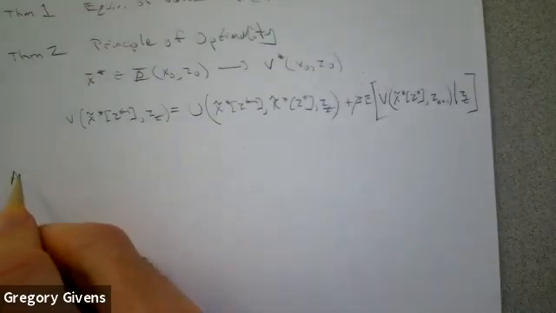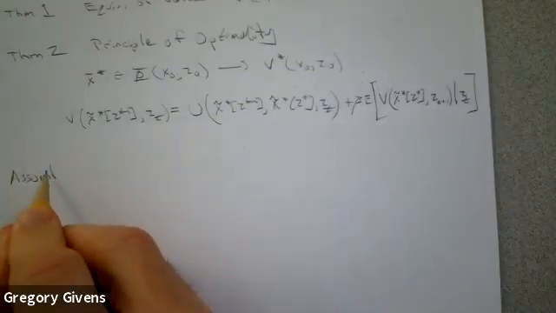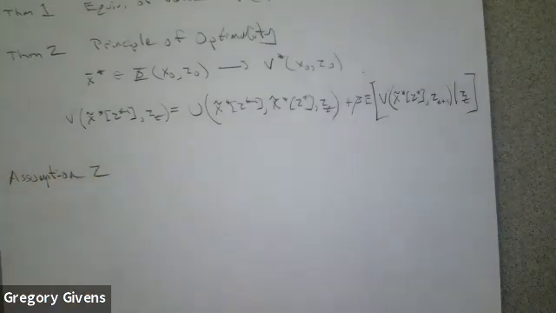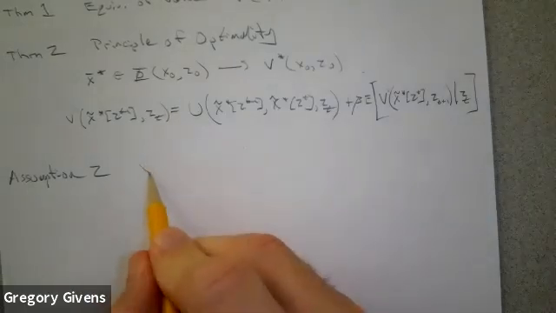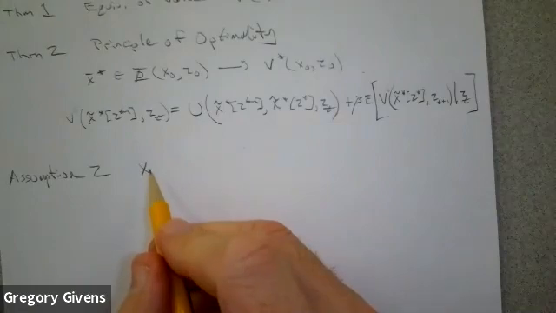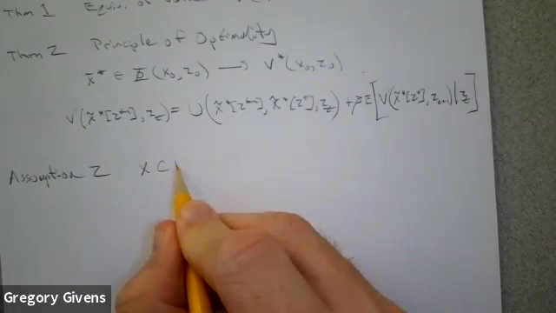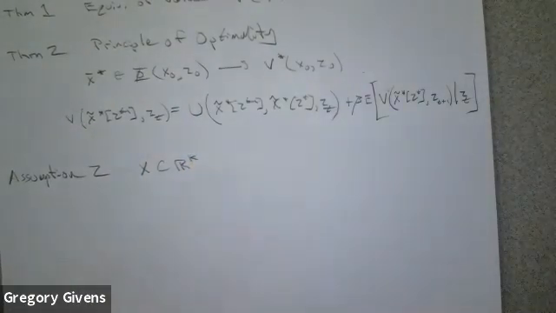Let me go back to the assumptions. What was assumption 2 in the deterministic version of the dynamic programming problem? It had to do with the compactness of the state space, right? Assumption 2 is going to then require that big X, that's the space that x lies on, is a compact subset of R^k, which means that it lives on a closed and bounded interval if we're talking about one-dimensional Euclidean space, right?